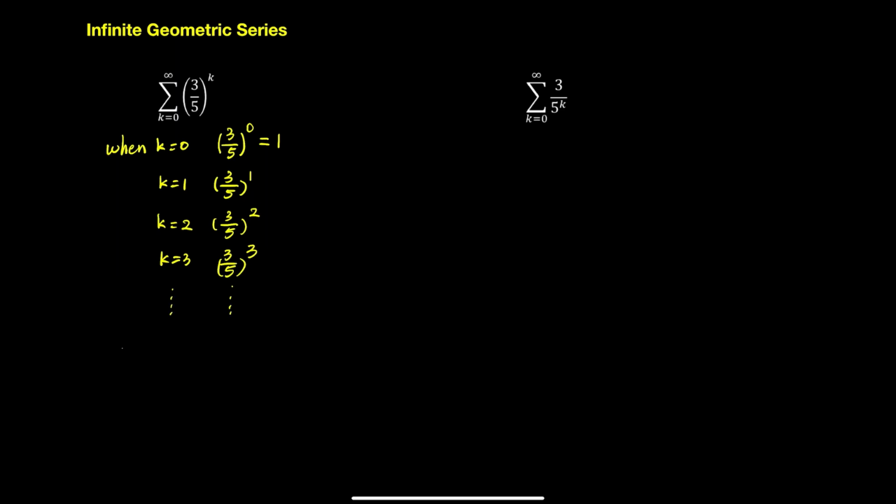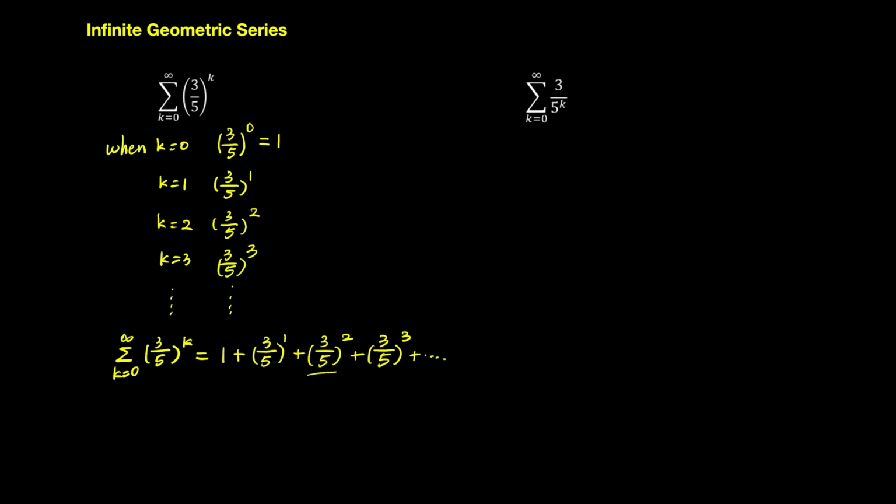So basically, this expression, sigma k equals 0 to infinity, 3 over 5 to the power of k, equals: the first term is 1. The second term is 3 over 5 to the power of 1, plus 3 over 5 to the power of 2, plus 3 over 5 to the power of 3, and so on.